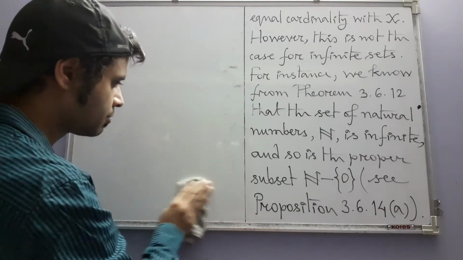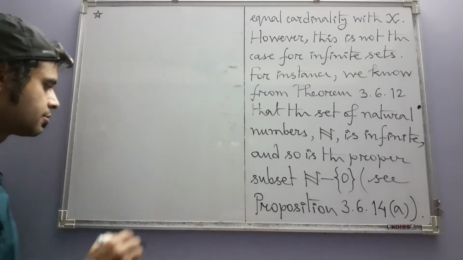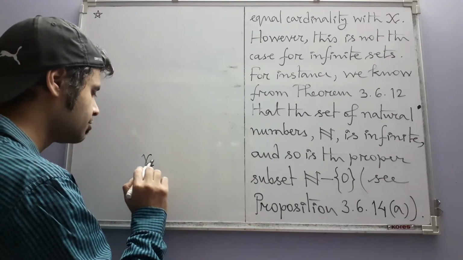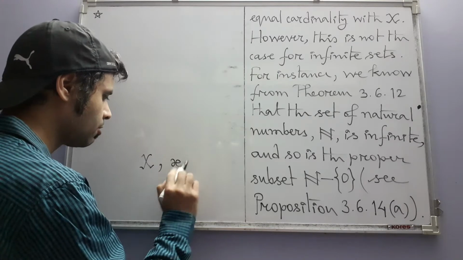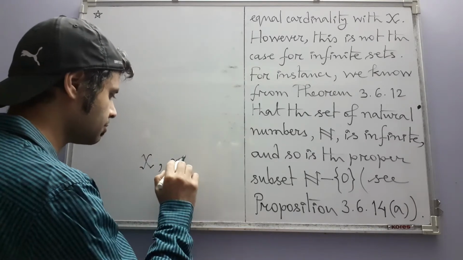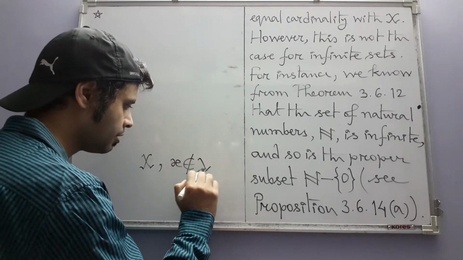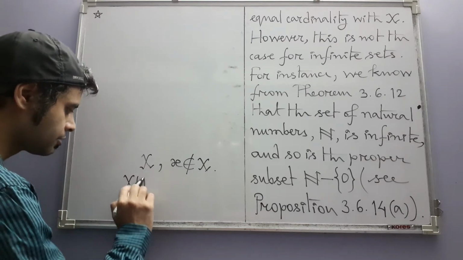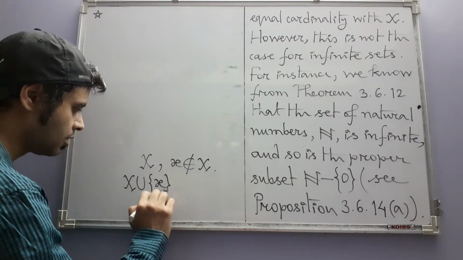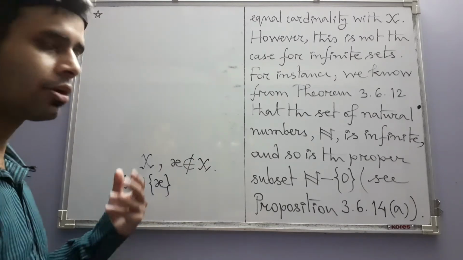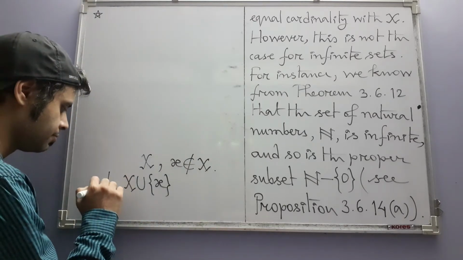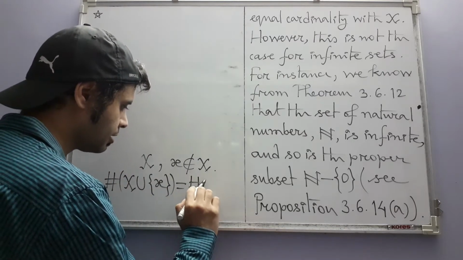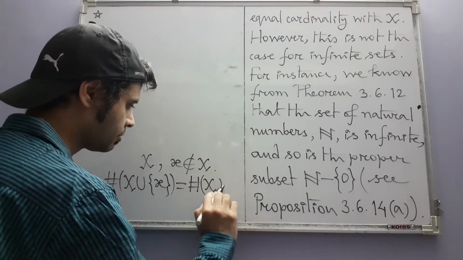In part A of that proposition, the statement is this. Say you have a finite set X, and say you have some object x, any object whatsoever, which is not an element of X. Then the union of X with the singleton set consisting of that object is also finite, and its cardinality is equal to the cardinality of X plus 1.